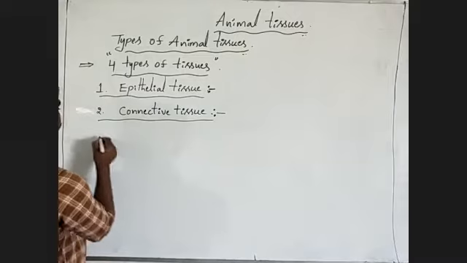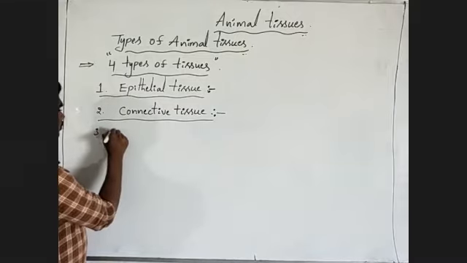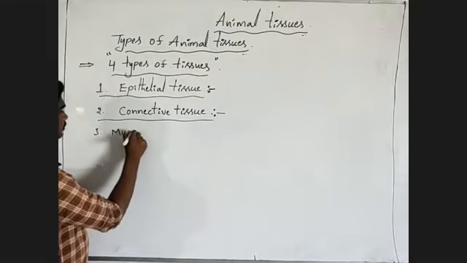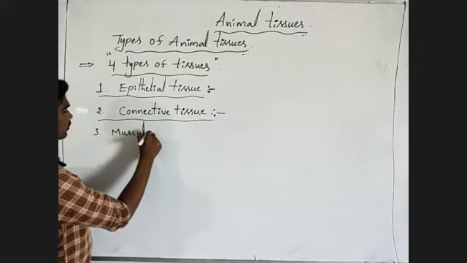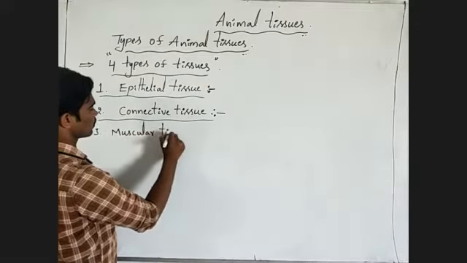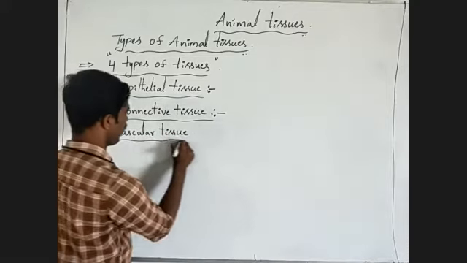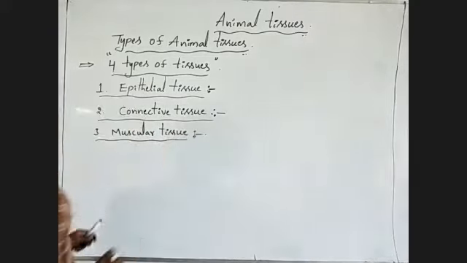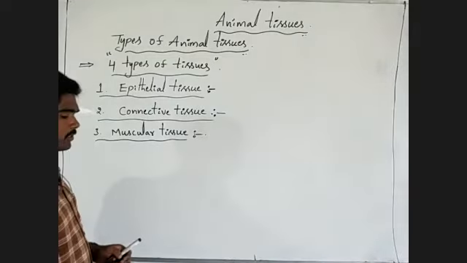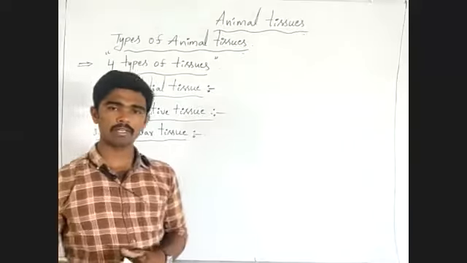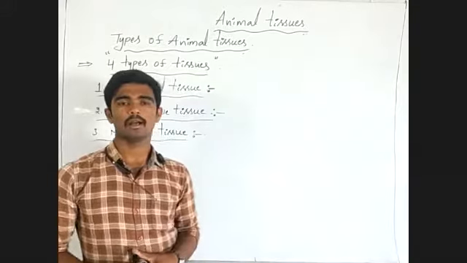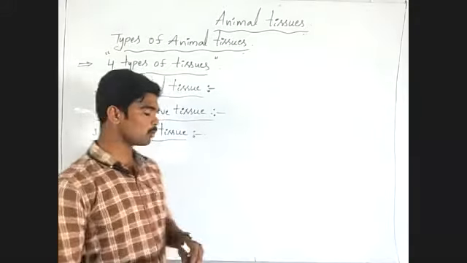Next, third, muscular tissue. Some animal tissues are involved in the movement of the organism, meaning locomotion.